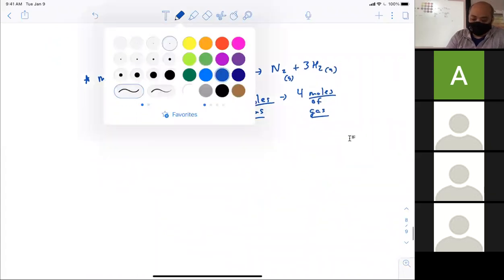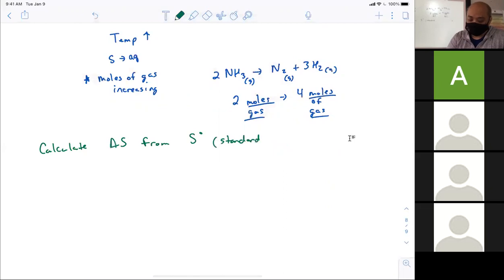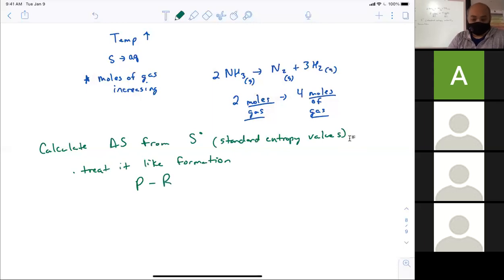Now, you can also calculate delta S from standard values. And you treat it like an enthalpy of formation, where it's products minus reactants.